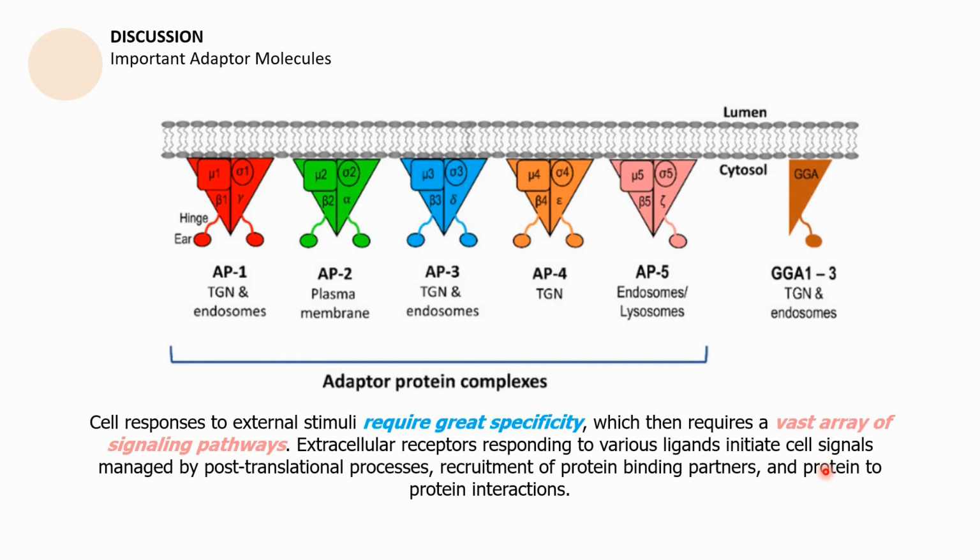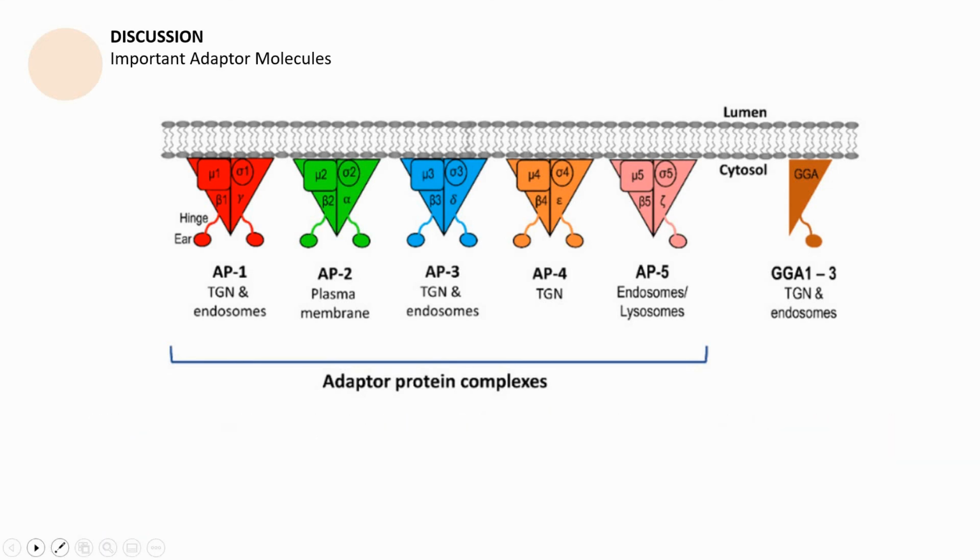To make sure that every single signal is covered, these adapter cells are present. Extracellular receptors responding to various ligands initiate cell signals managed by post-translational processes, recruitment of protein binding partners, and protein-to-protein interactions.